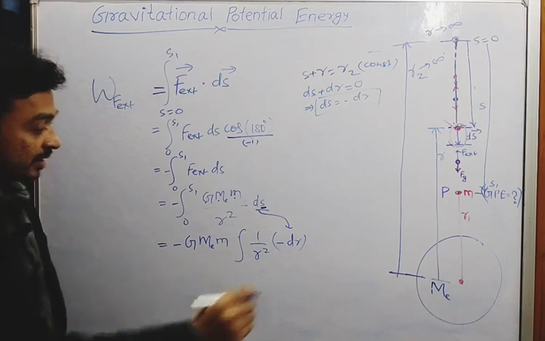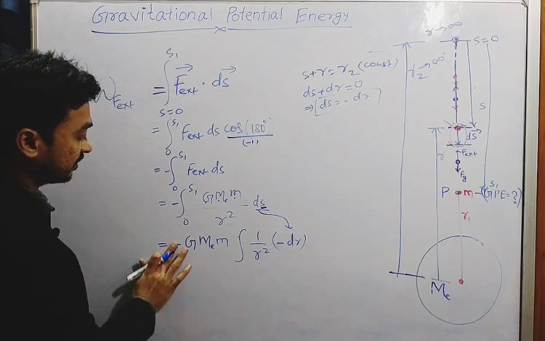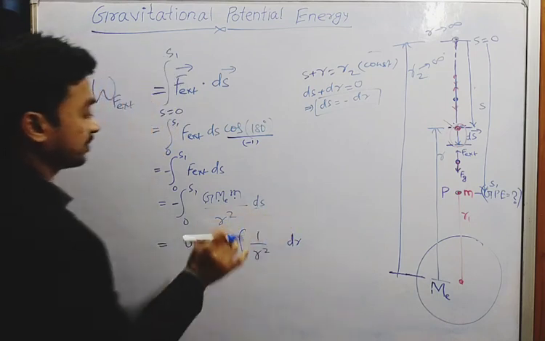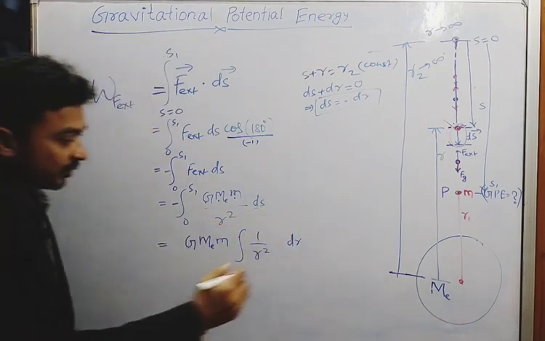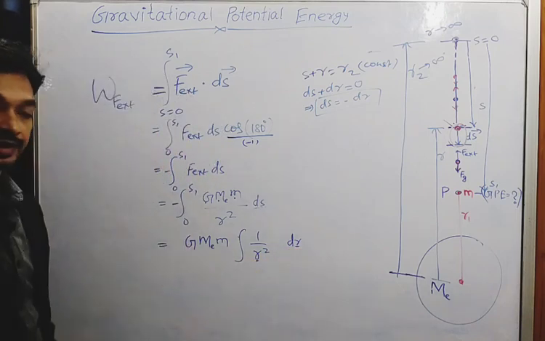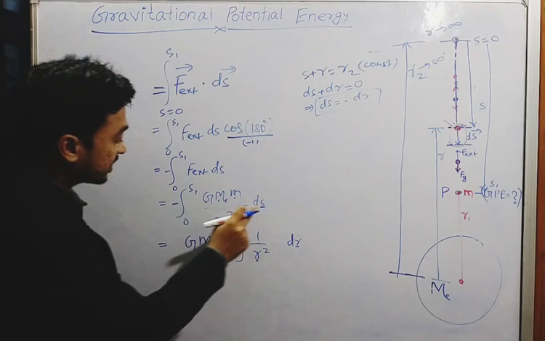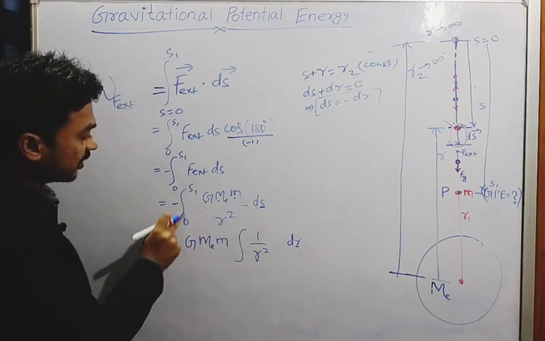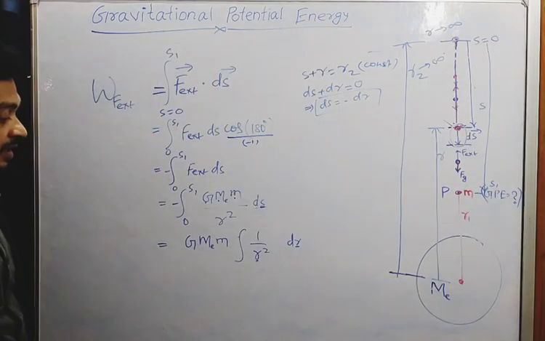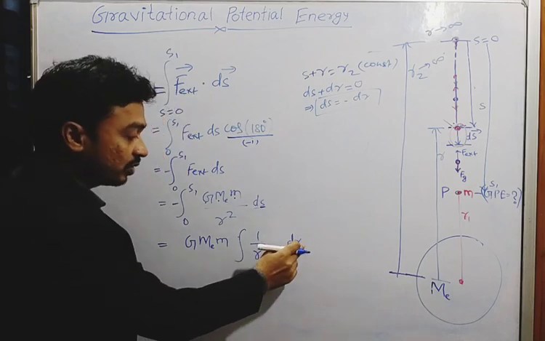From here, if you take this minus sign outside, this will become a plus sign. The value is like this. Okay. We are integrating with respect to r. The variable is r. Now we can integrate it. But see, here we were integrating with respect to s, and the limit was of s. S was starting from 0 to this position, s1. Now you have to put the limit of r, because integration is with respect to r.